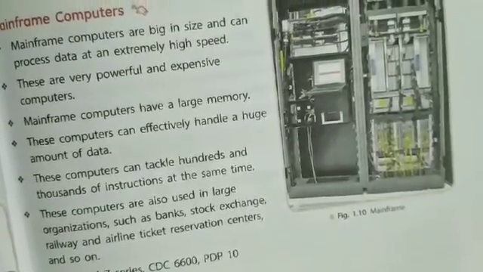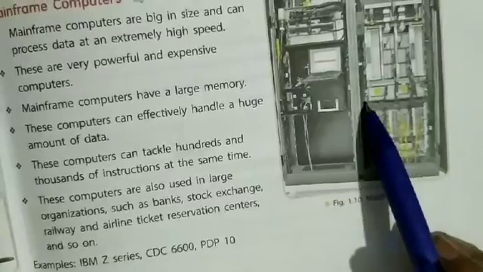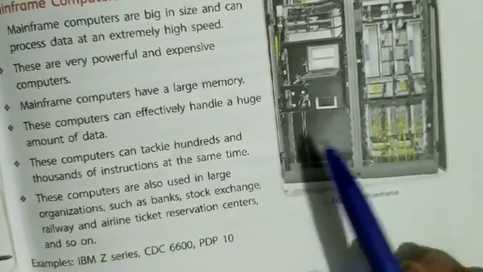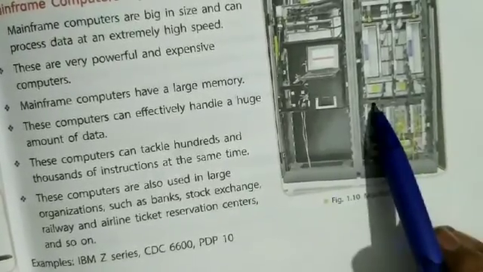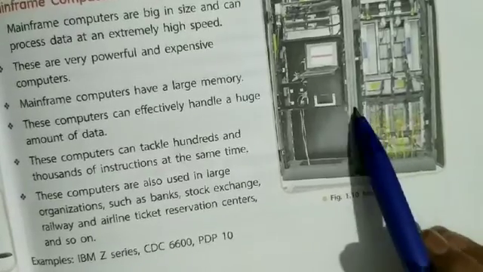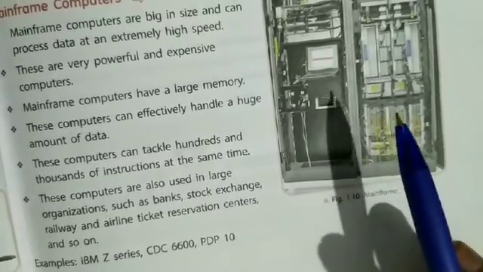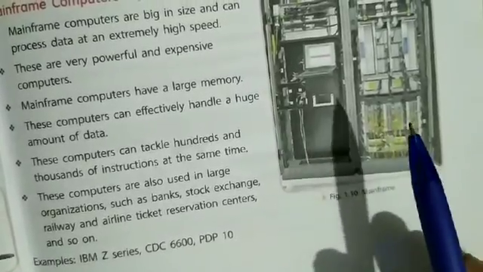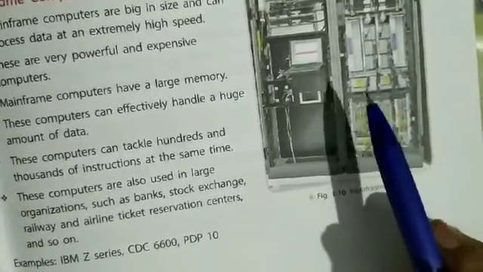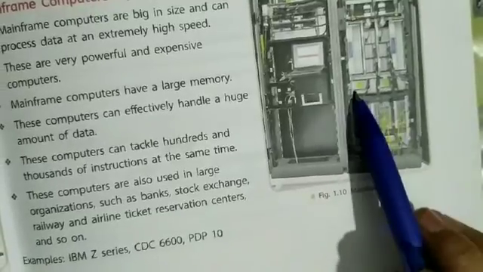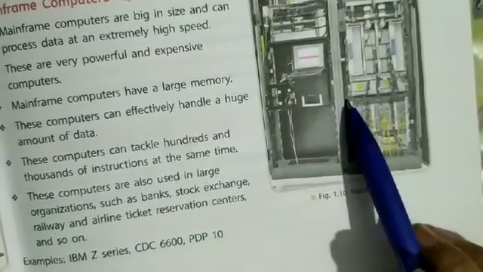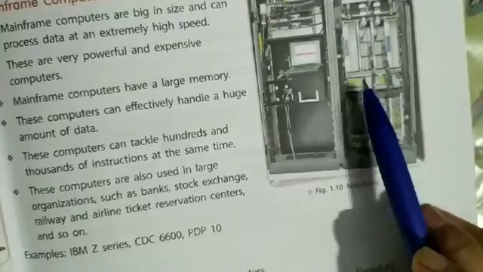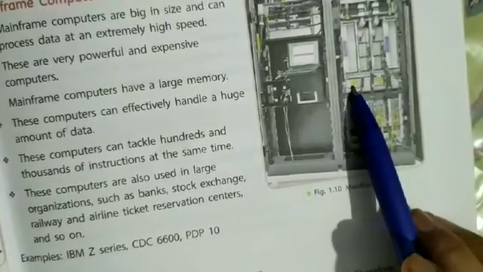Mainframe computer has a large memory and it can handle a large amount of data. It can handle hundreds and thousands of instructions at the same time. If hundreds and thousands of users work on it and give commands at the same time, it can handle all those instructions.